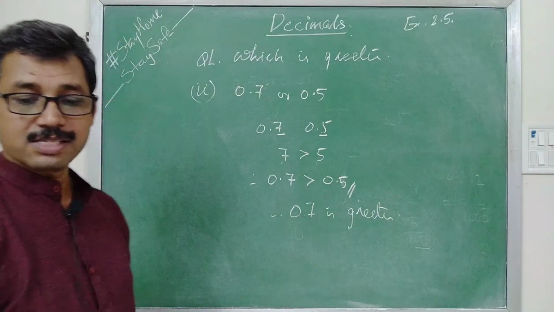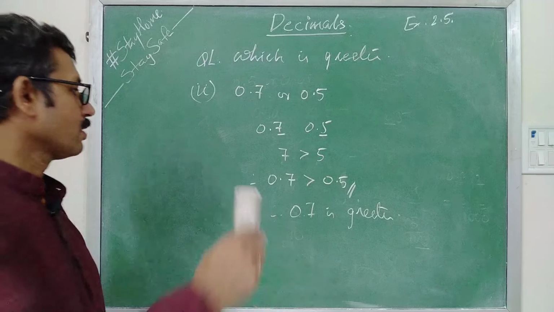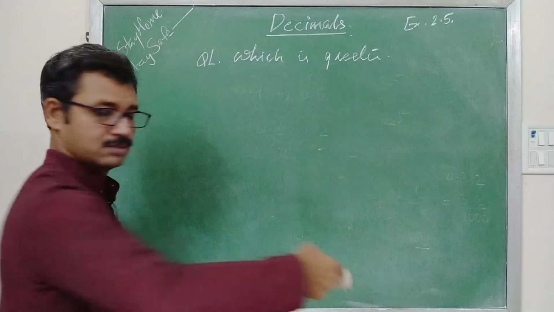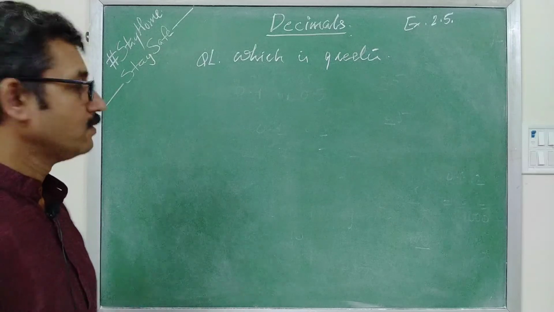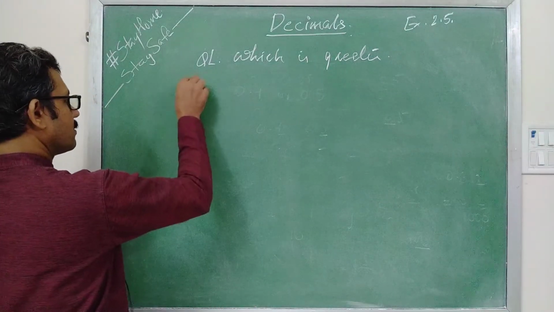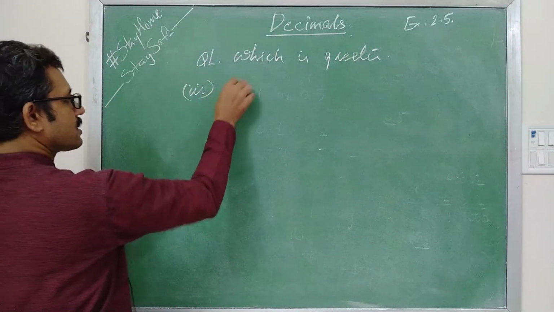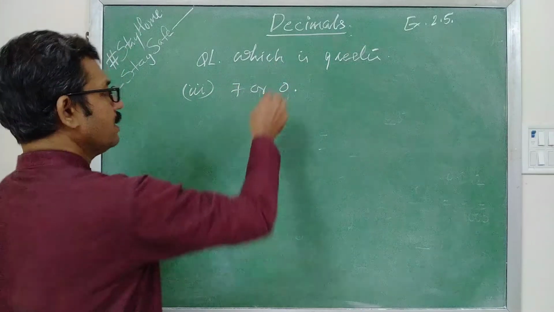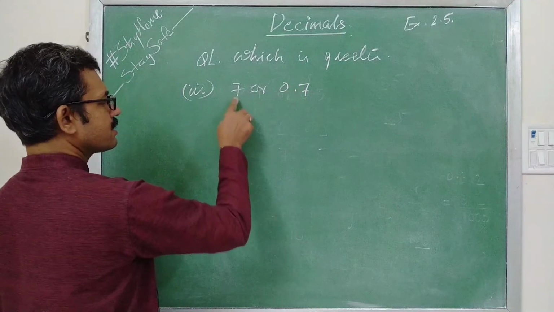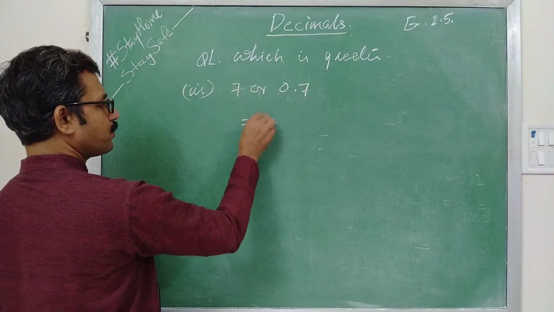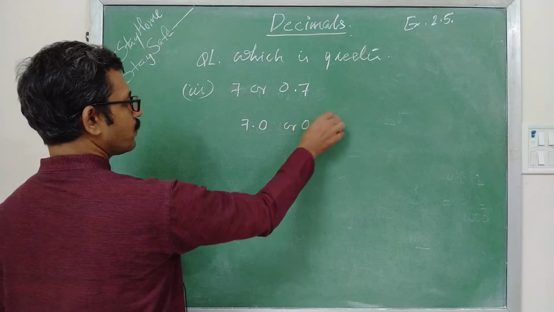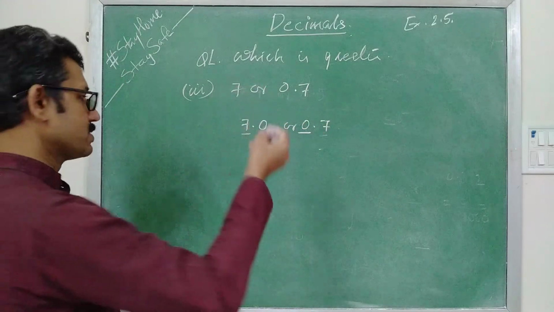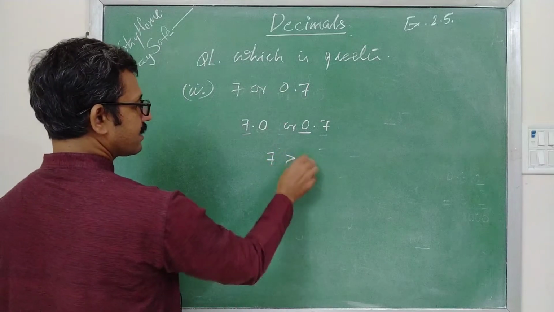The third one is 7 or 0.7. In this case it is 7, so you can write it as 7.0 or 0.7. Now you know that here 7, this is what you have to consider first. Here 7 is greater than 0. Correct?